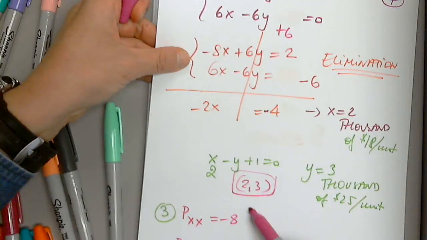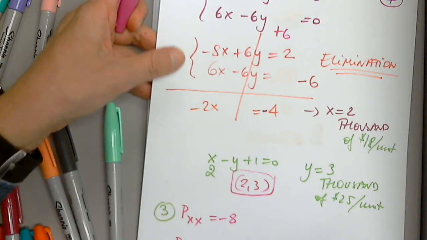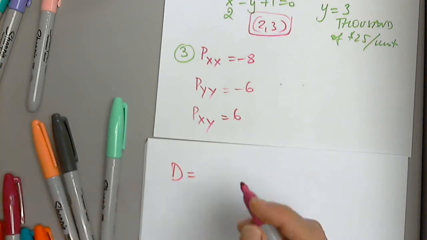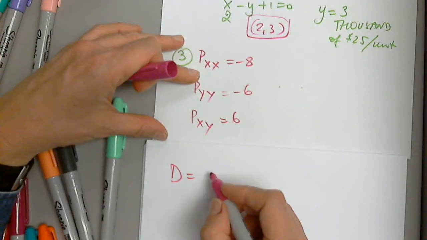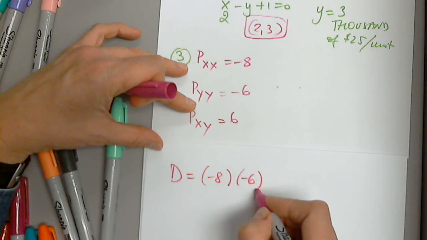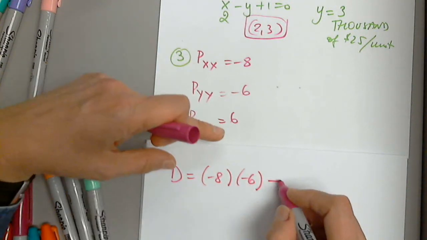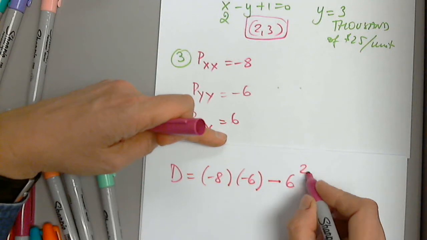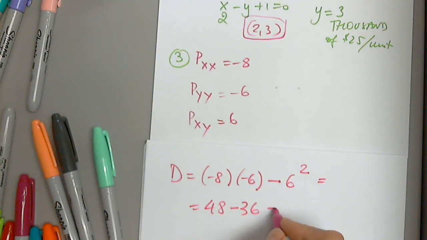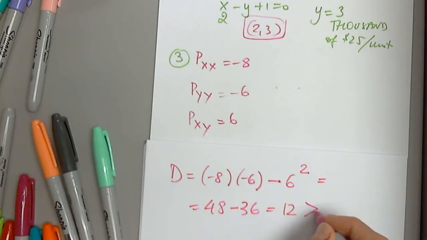There is nothing I can plug in. So I can go ahead and write the D-test, which is pxx, which is -8, times pyy, which is -6, minus pxy squared. So 48 minus 36, this is 12. D is positive.